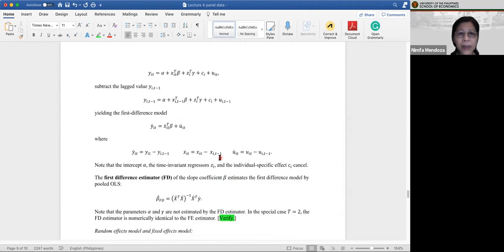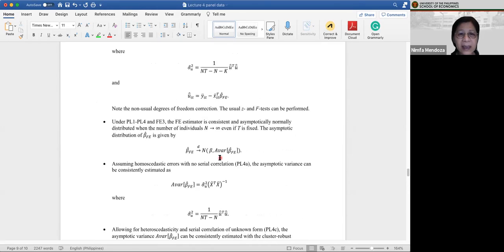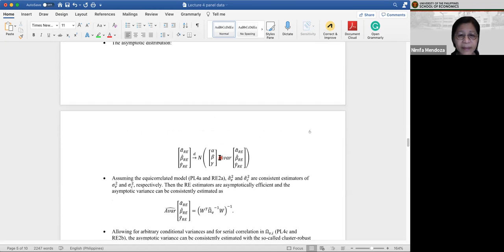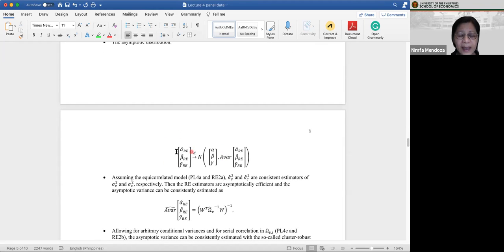Some might be interested in the fact that the fixed effects estimator will only estimate beta, but not alpha and gamma.